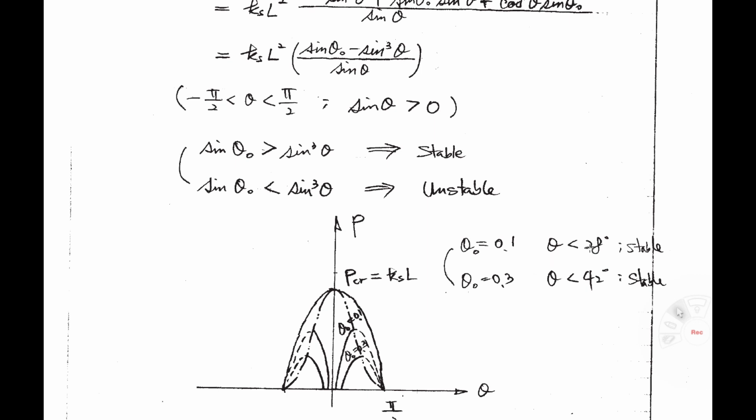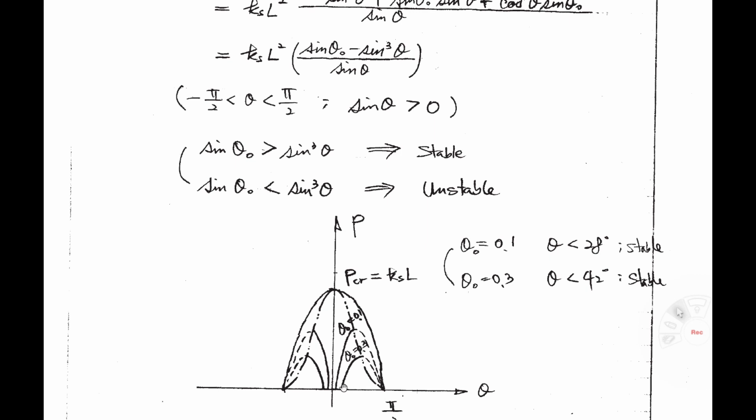After 28 degree, it is going down because this one is minus value. If theta 0 equals 0.3, we assume like that, then if theta equal less than 42 degree, then we get the stable. That means theta 0 equal 0.3 and goes up to here. This degree is 42. Okay, this area is stable. If theta is greater than 42, it is unstable like that.